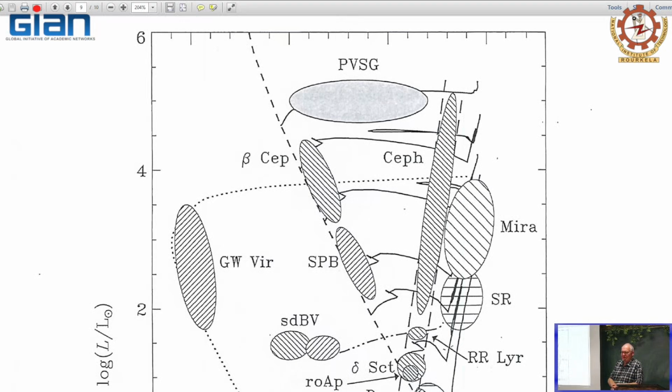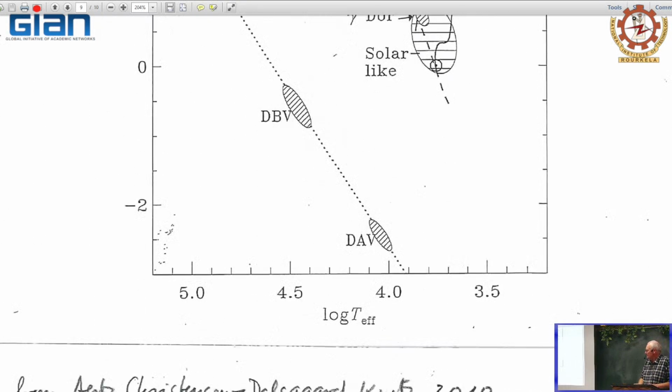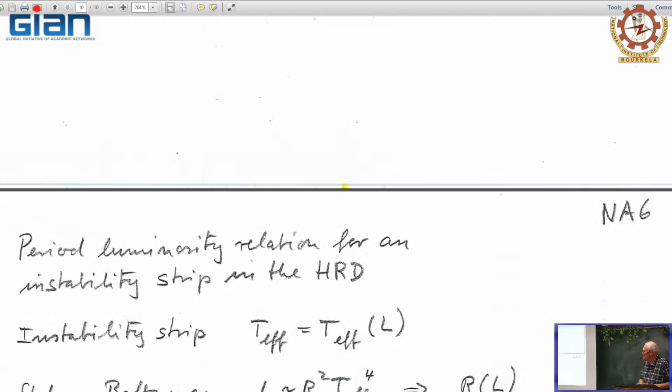A luminosity to mass ratio of 10⁴ means that luminosity in units of solar luminosity divided by mass in units of solar mass is of the order of 10⁴, or any other value given. Okay, so we consider pulsating or unstable stars in the upper part of this HR diagram.